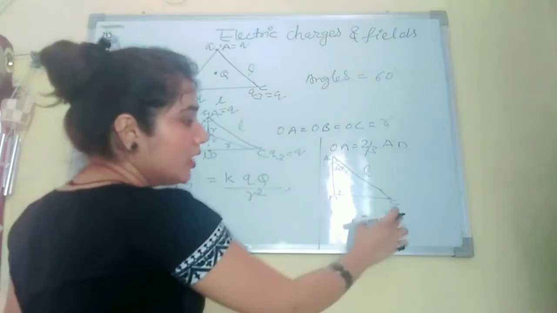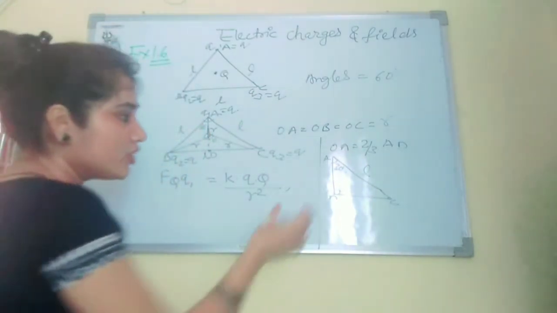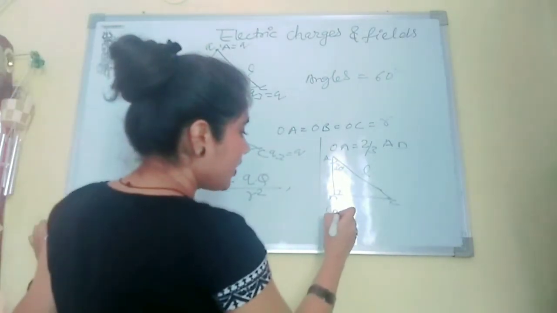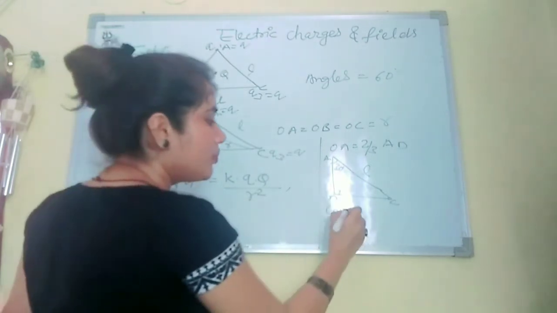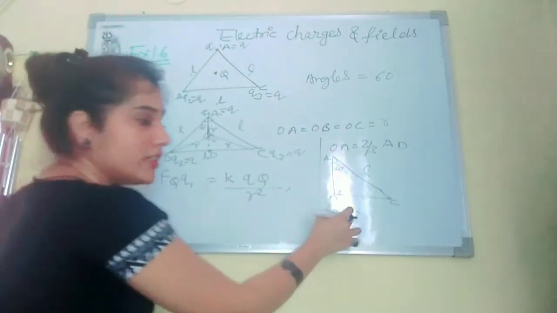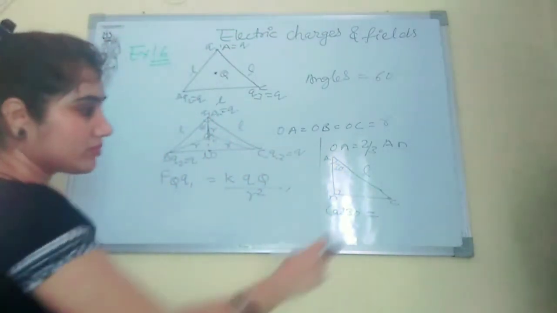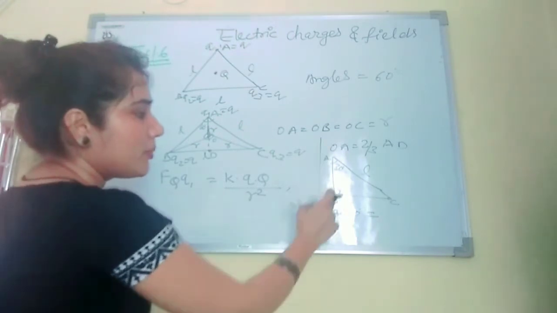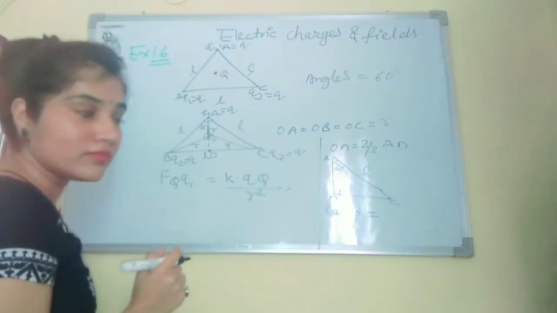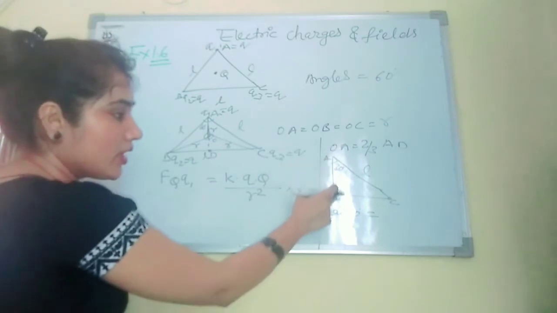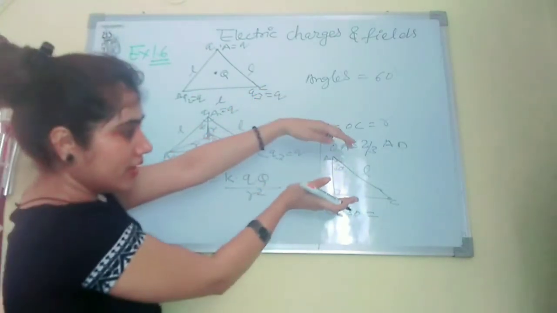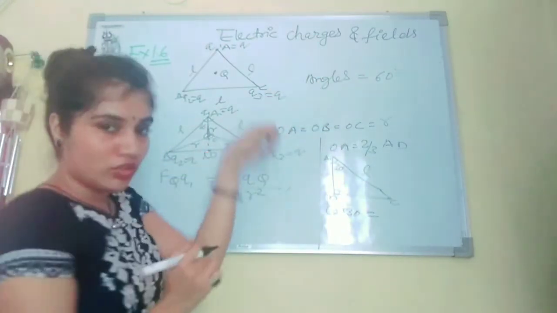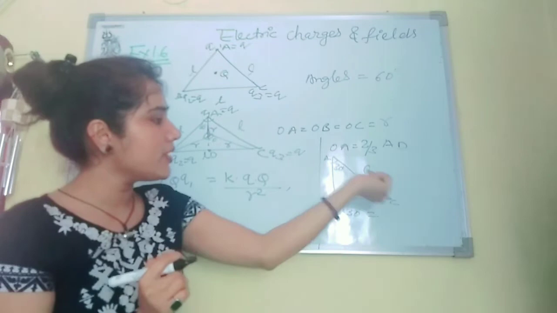We just apply trigonometry, that is cos theta, and the angle is 30, so we put 30 degrees in place of theta, that will be cos 30 equal to, what is this? This is the hypotenuse and this is the perpendicular, this is the base.